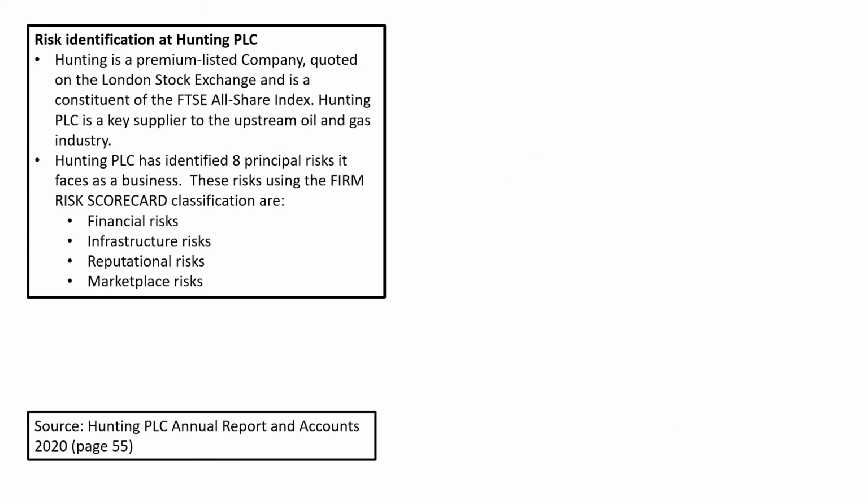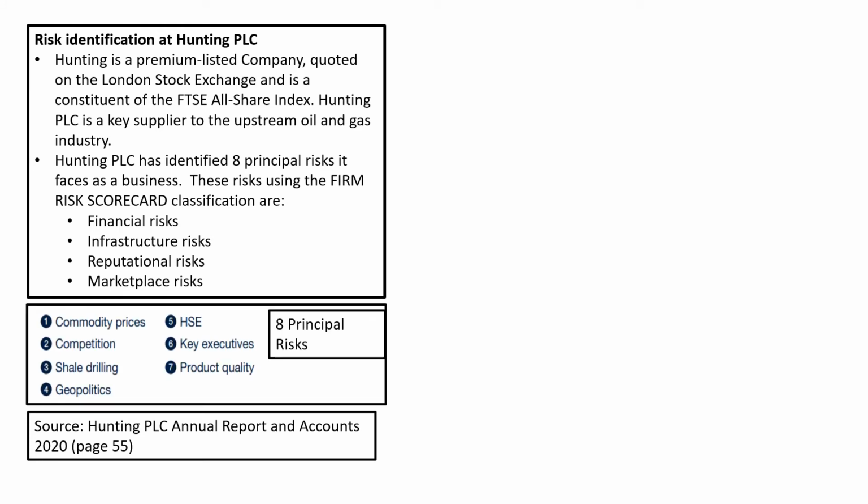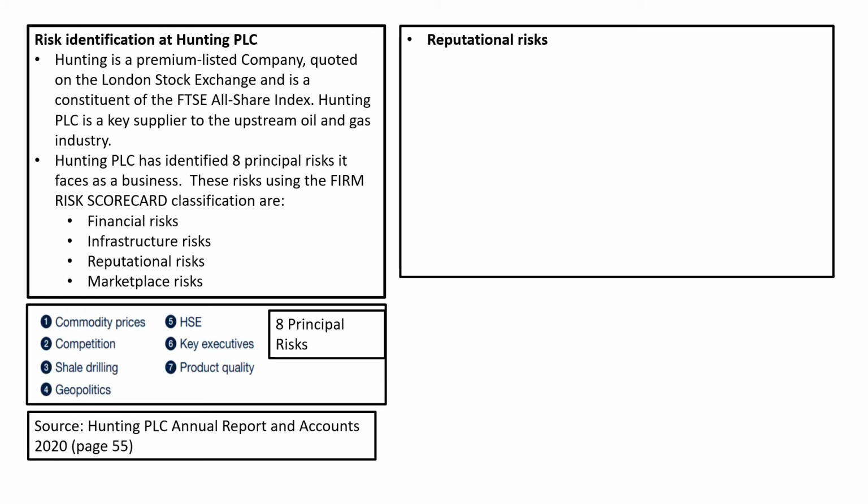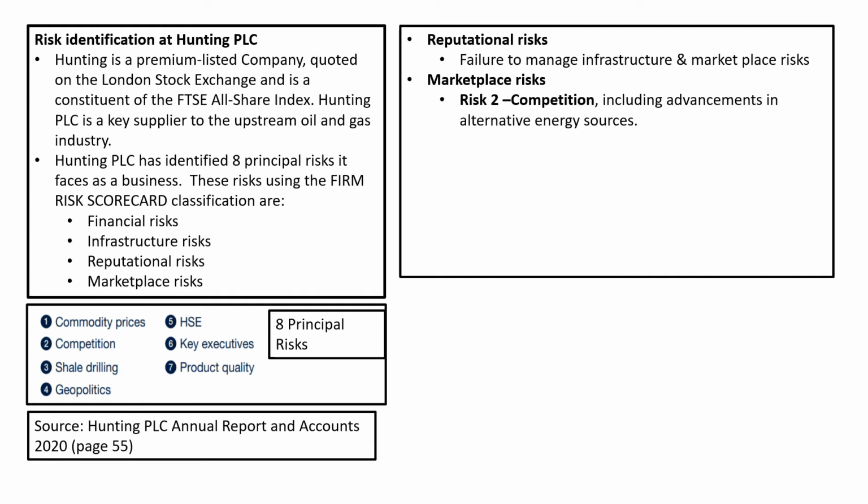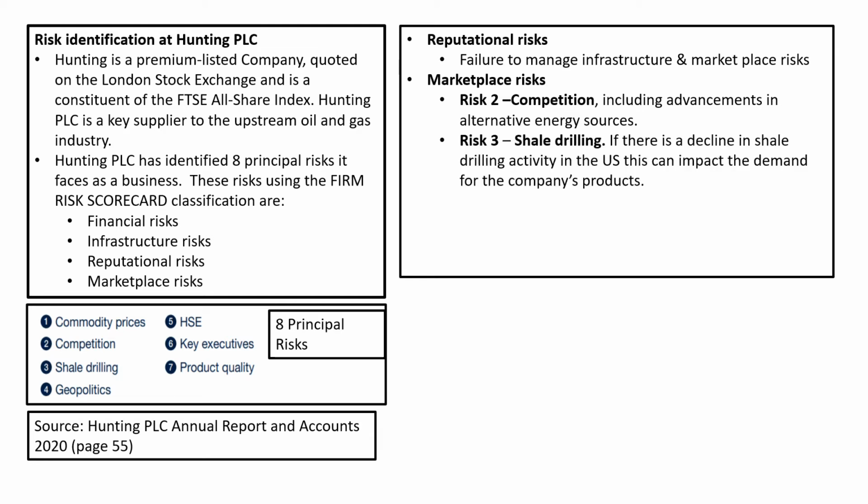The other two categories in the firm risk scorecard are reputational risk and marketplace risk. Reputational risk arises from the failure to manage, for example, infrastructure and marketplace risk. Marketplace risk affects the customer's demand for the company's products. Risk 2, competition, including advancements in alternative energy sources which compete with oil and gas sources.